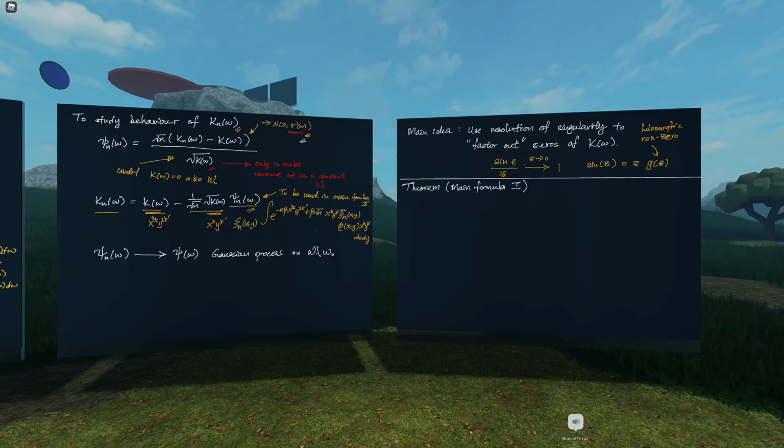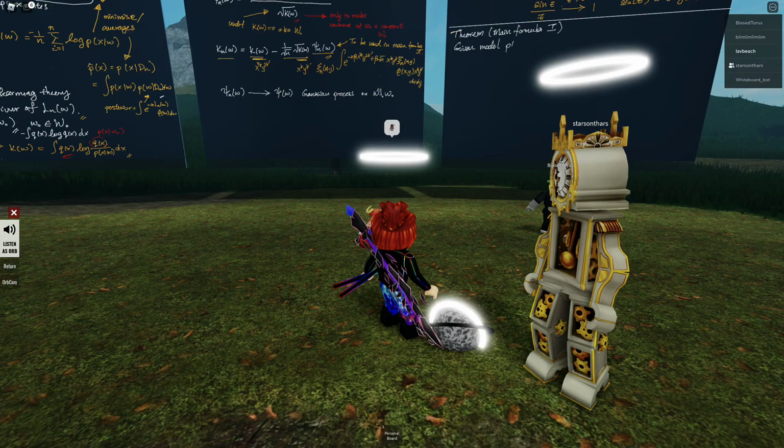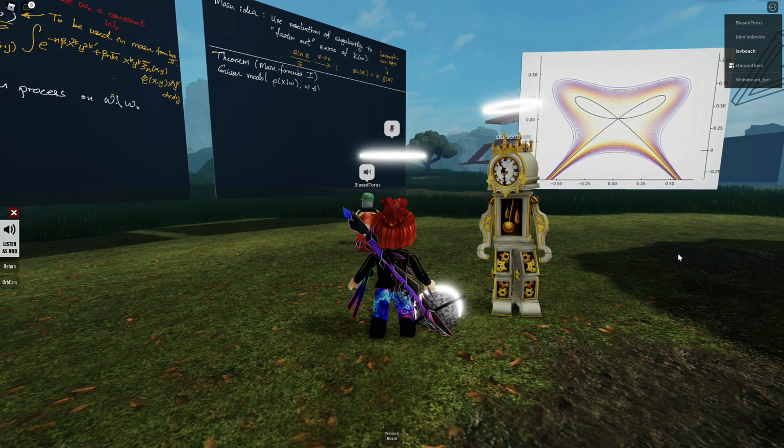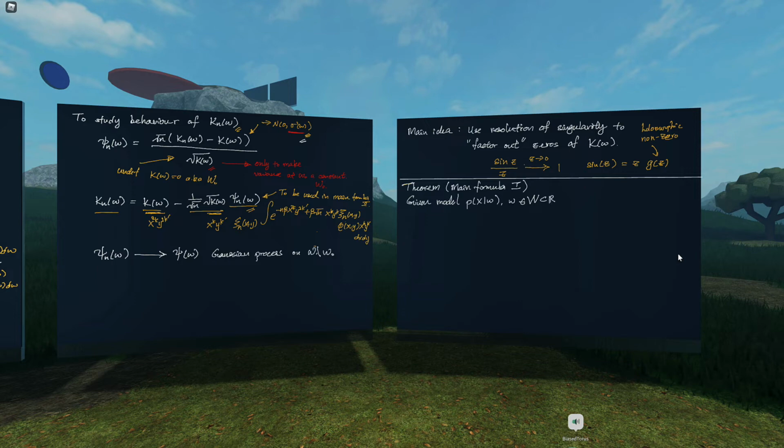Right. Main formula. So given a model p(x|w) with w in a space of parameters, which is a subset of R^d, sorry, I think in the proof it is needed that this is contained in an open set, which is contained in R^d. Well, it itself is compact and has an open neighborhood.